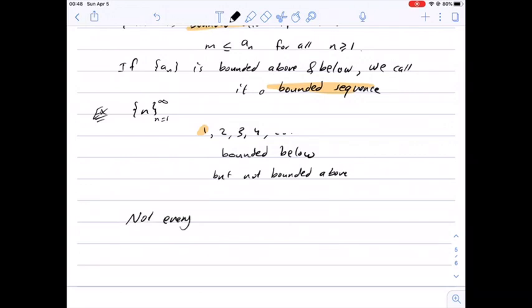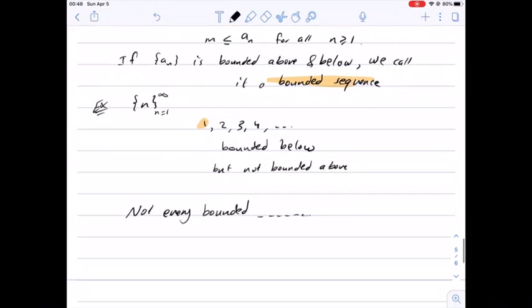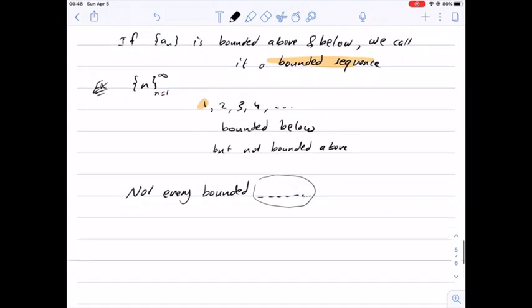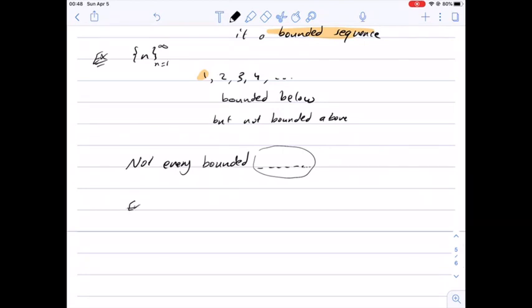So not every bounded sequence is divergent or convergent.